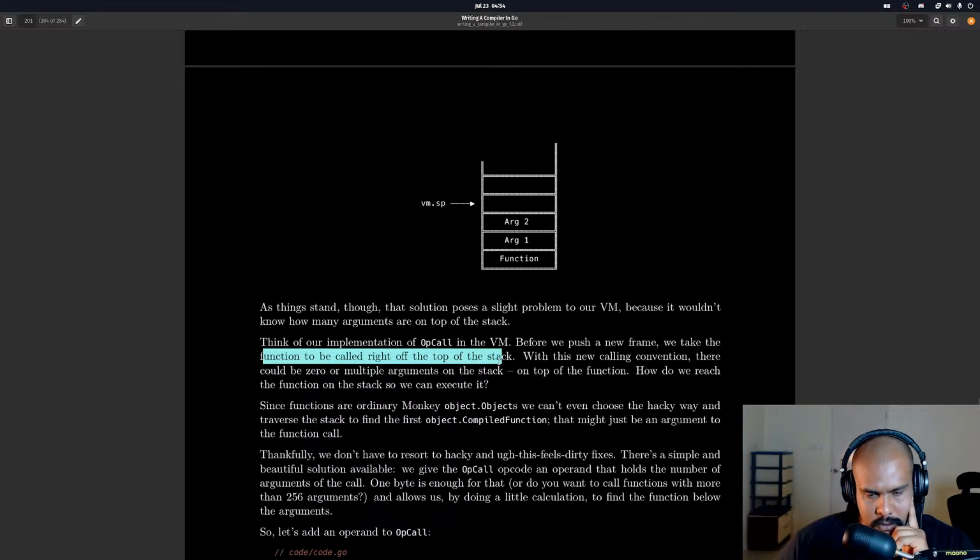Yeah, before you execute anything else, function comes off the stack.